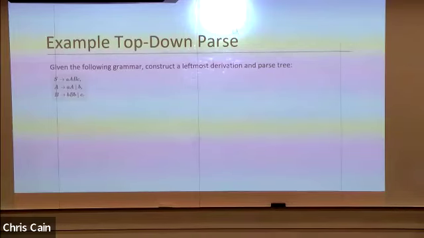Remember, if we're constructing a parse tree, we're going to have a root node that represents the start non-terminal. And then we have child nodes that can either be terminals or non-terminals. Leaf nodes are always terminals, and if they're non-terminals, then they're internal nodes that need to be expanded.